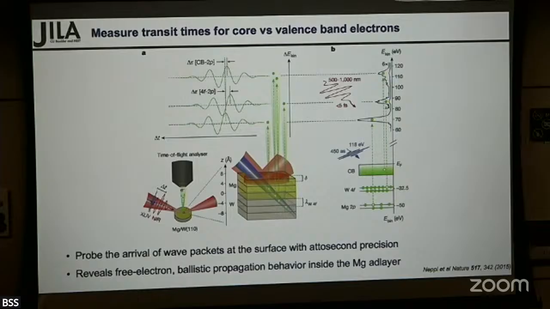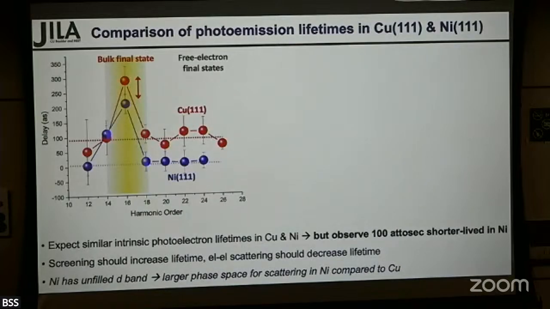In other words, it's easy to measure strong field physics effects. It's harder to measure real intrinsic phenomena. So here I'll talk about measuring a real intrinsic phenomenon.